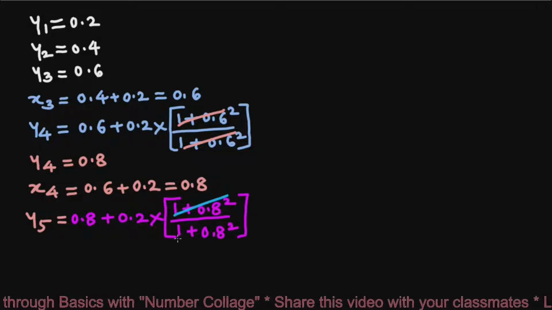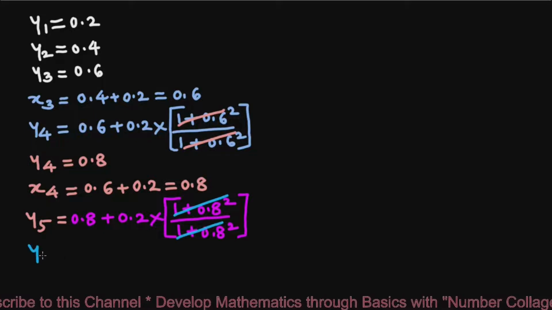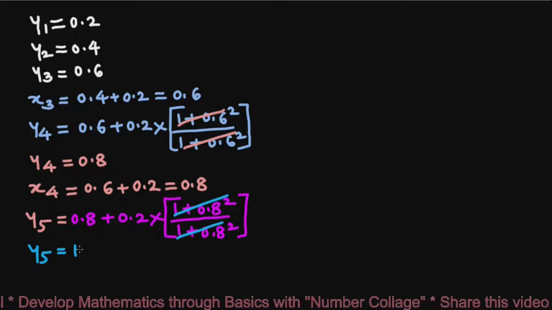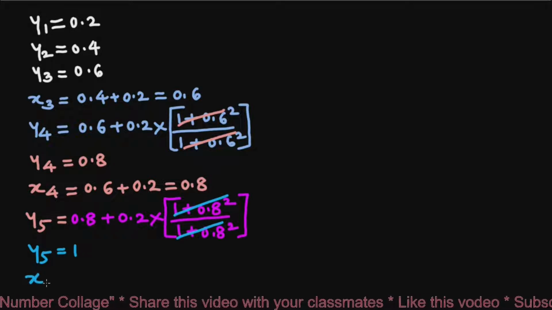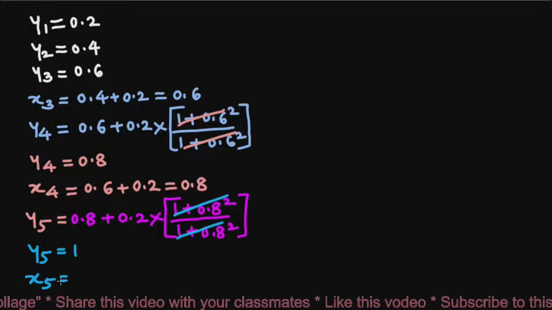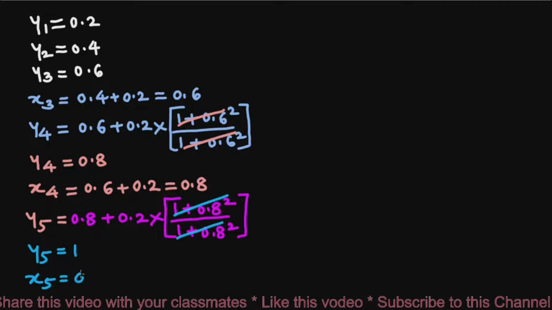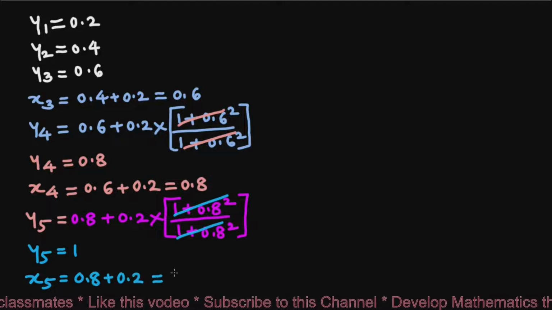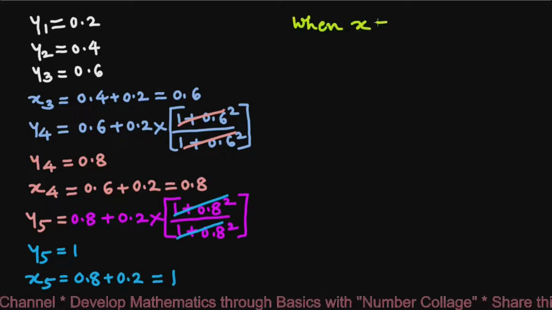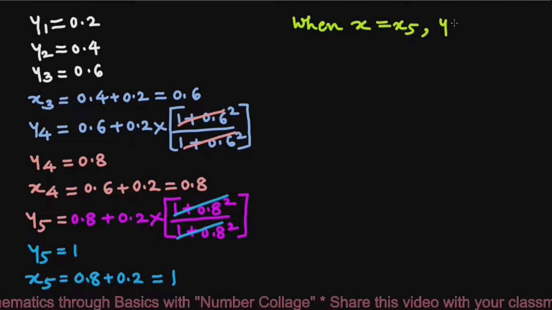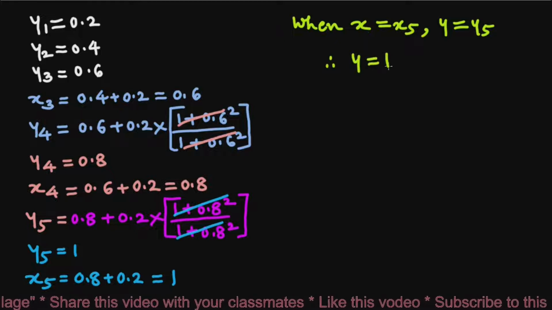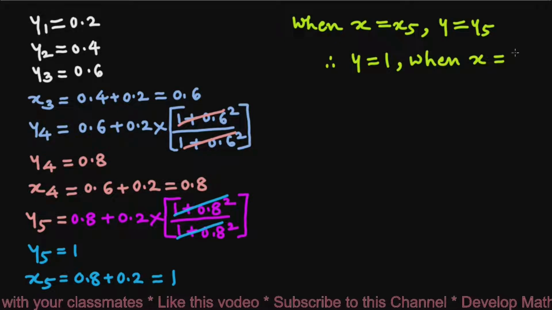After cancelling these two terms, y5 will be 0.8 plus 0.2, that is 1, and next value of x5 will be x4, which is 0.8 plus h, which is 0.2, so that will be 1. So when x equals x5, y will be y5, therefore y equals 1 when x equals 1.